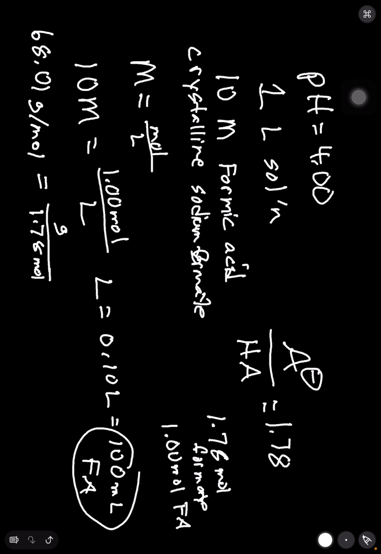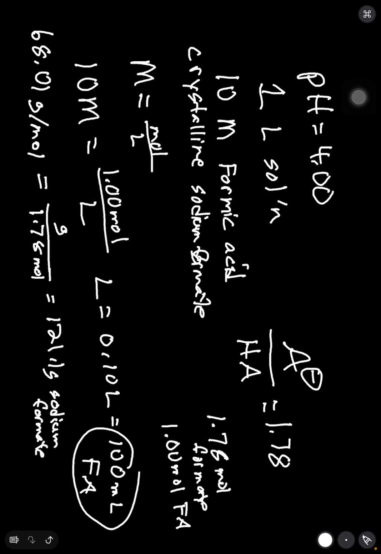What you do is multiply 68.01 times 1.78, and that comes out to be about 121.1 grams of sodium formate.